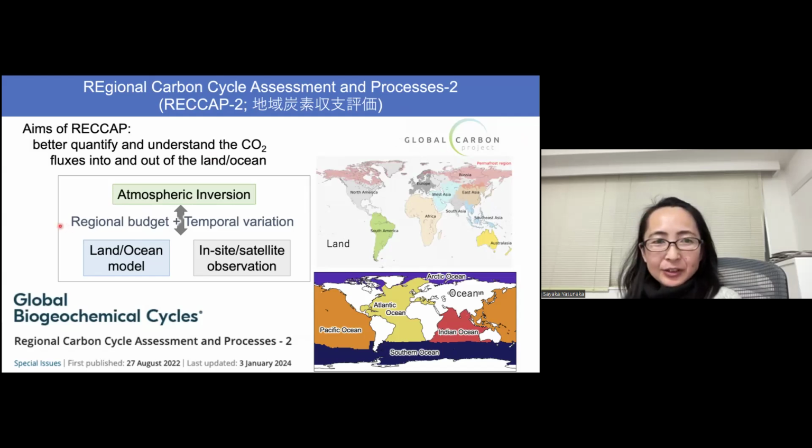We assessed regional budgets and temporal variations by using atmospheric inversions, land and ocean models, and in situ or satellite observations. Land and oceans are divided into several regions, and the assessment papers for each region were published in a special issue of GBC last year.